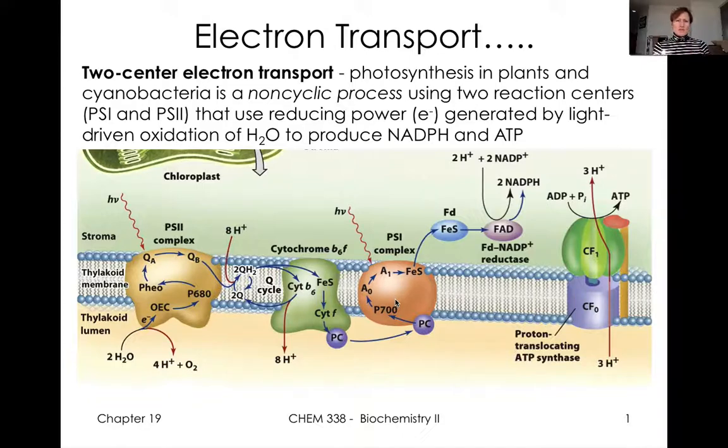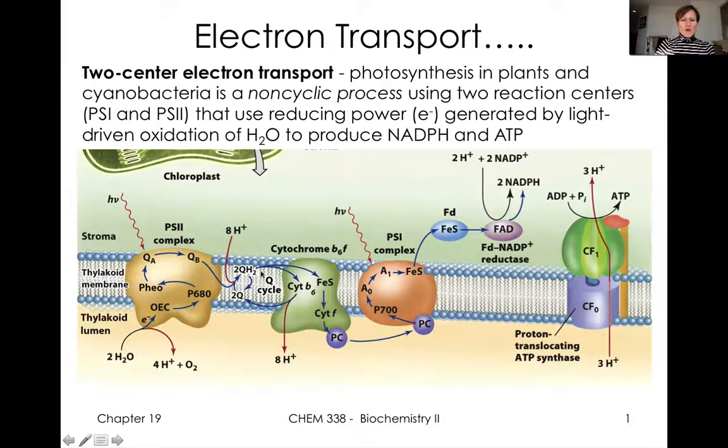So again, just a reminder that the light reaction uses light energy to excite electrons. And so we're going to see a lot of homology and a way to review electron transport in mitochondrion. We're going to see 2 reaction center chlorophylls or photosystem complexes here, called 2 and 1, that allow us to use light energy to promote electrons to a higher energy state.